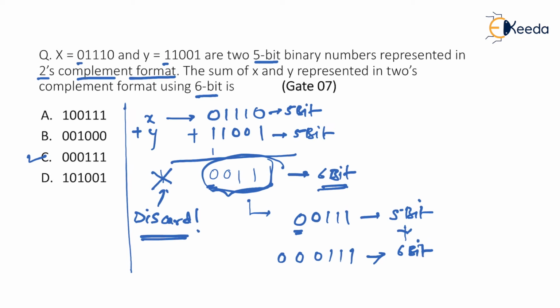So as I said, I'll try to solve this problem using a different method. So I'll again copy x and y here. See, the value of x was 0 1 1 1 0, is that right? And the value of y was 1 1 0 0 1, am I right?